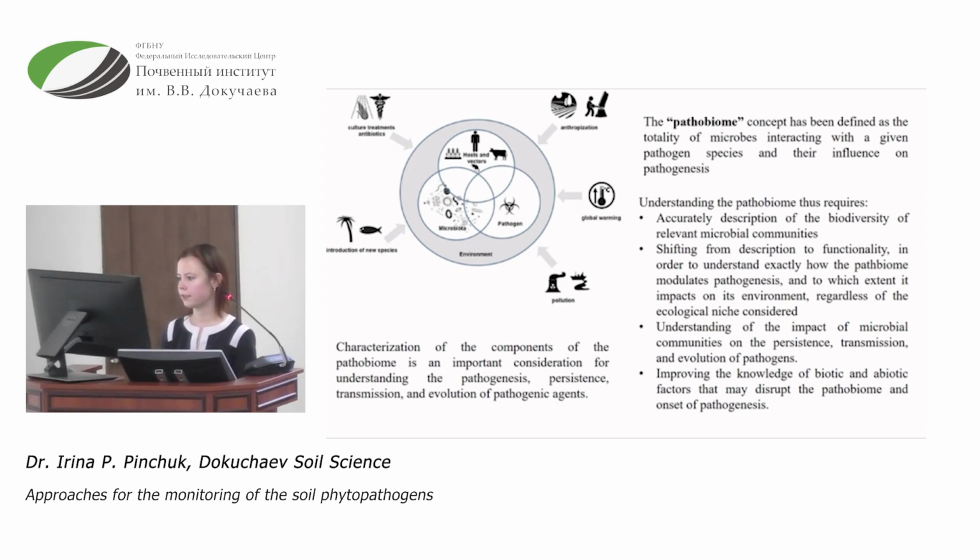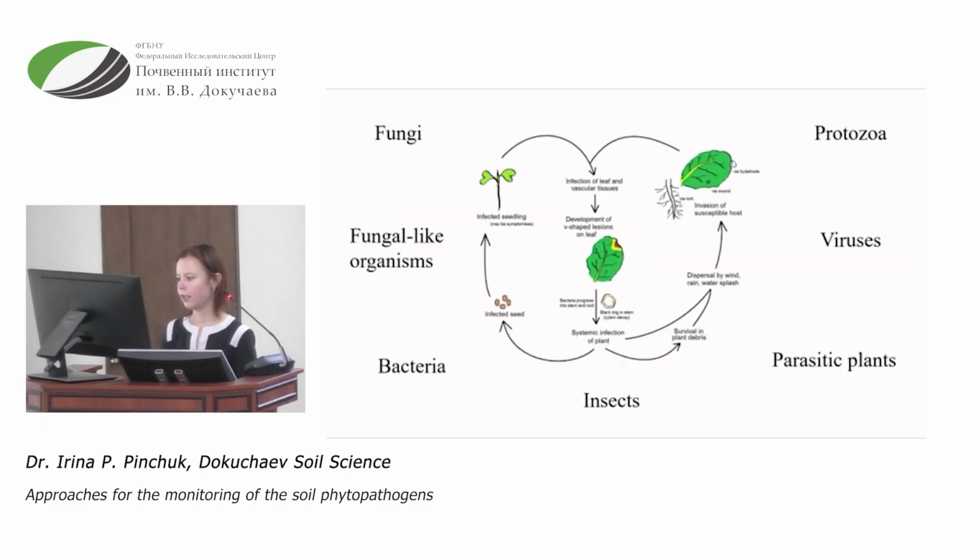We should understand the impact of microbial communities on pathogenesis, also how to interrupt this, how to make a plant survive this. And of course, we should improve knowledge about biotic and abiotic factors, which can start the process of pathogenesis.